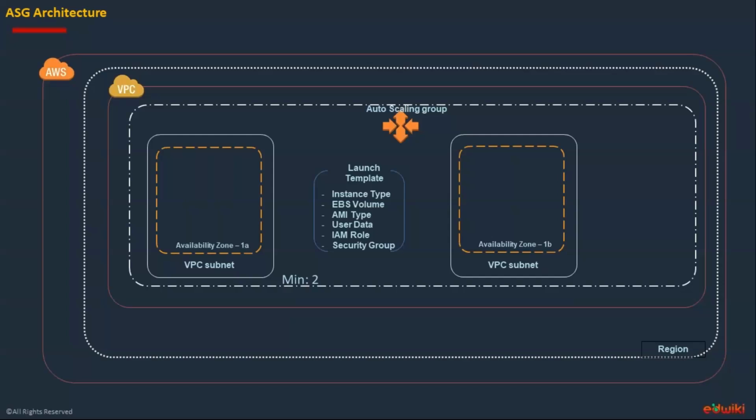Now you tell your auto scaling group to please maintain at least a minimum of 2 servers. Following me, guys? Let's say there are 0 users. No one is accessing my website. Even when no one is accessing my website, I should still run with a minimum number of servers, right?